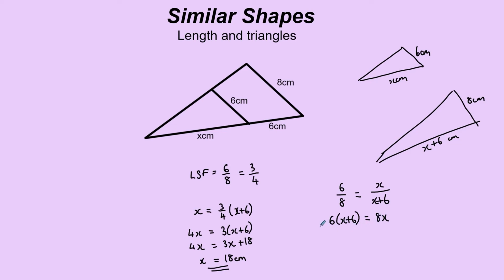Essentially that's the same as this line here, it's just double the size. If we divided everything by 2, we would get this line here. So we've got 6 multiplying it out equals 8x, and if we take away 6x from both sides, we get 36 equals 2x, and x equals 18 centimetres.